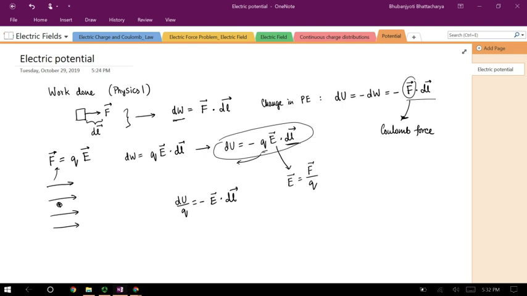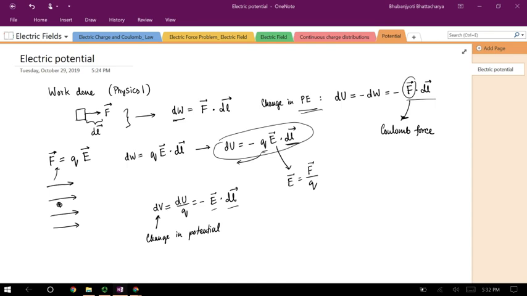In other words, what work do I have to do to move a unit positive charge by an amount dl in an electric field E? That is dV, the change in potential, and remember the other one was dU, the change in potential energy. That's where these two come from.